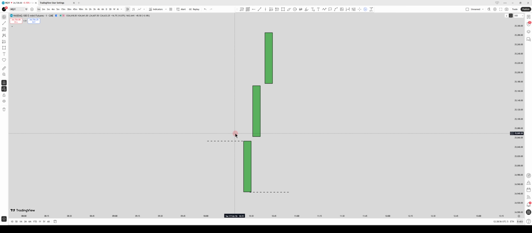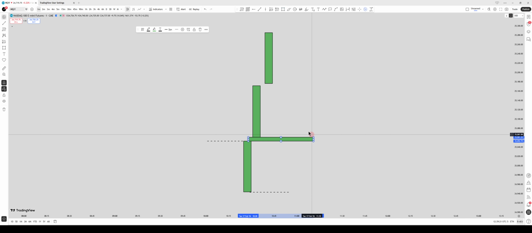What is supposed to happen is that after this candle closes, the next candle has to open right here because it closed right here, right? But it does not, because of the volume imbalance that is going to be formed. So this is the volume imbalance right here.